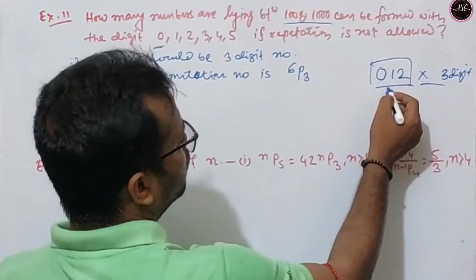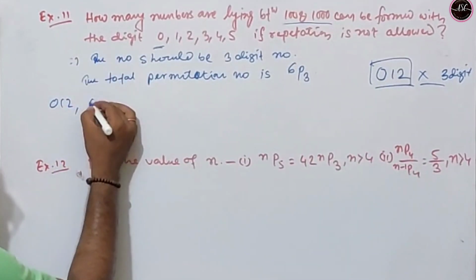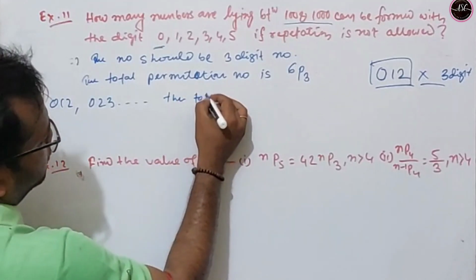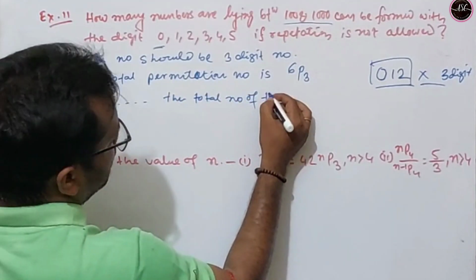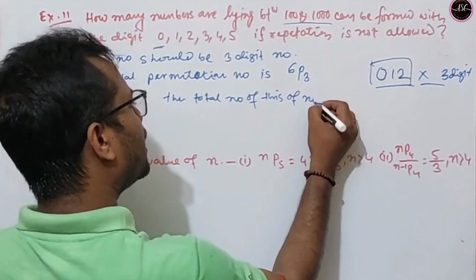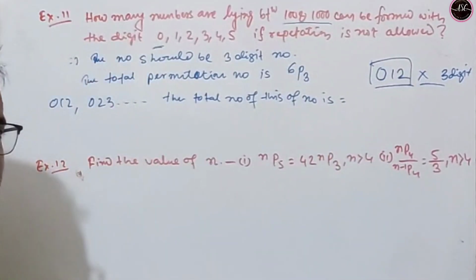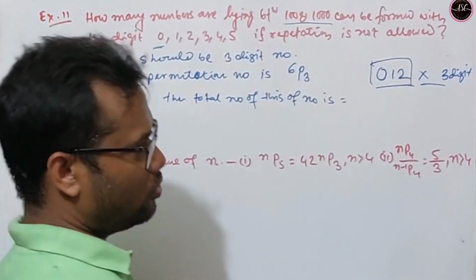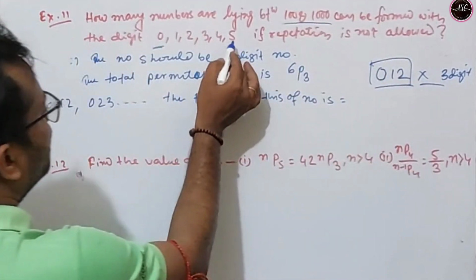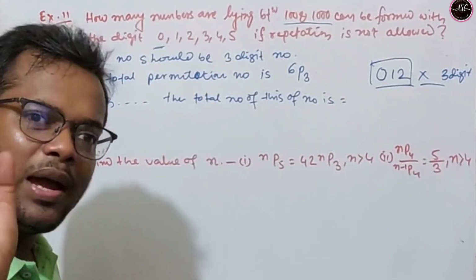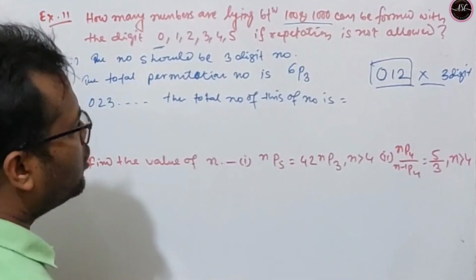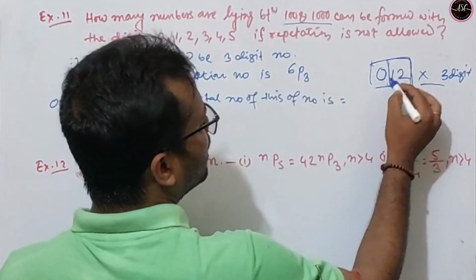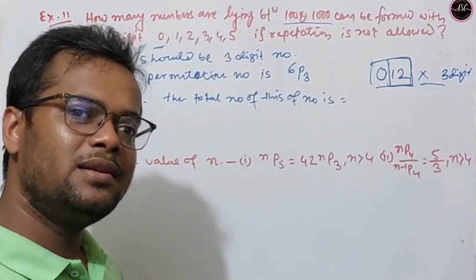Numbers like 0, 1, 2 and 0, 2, 3 and so on. What is the total number of this type? If you remove 0 from the 6 digits, there are only 5 numbers, and we only need a 2-digit number, as 0, 1, 2 will be read as 12.